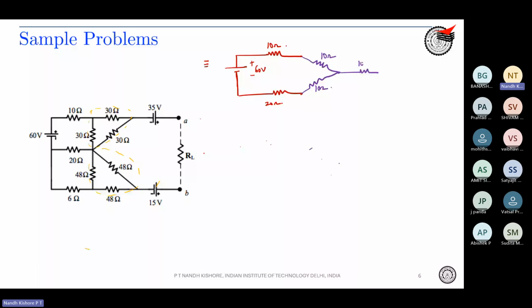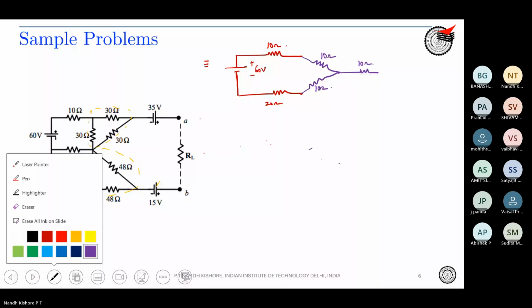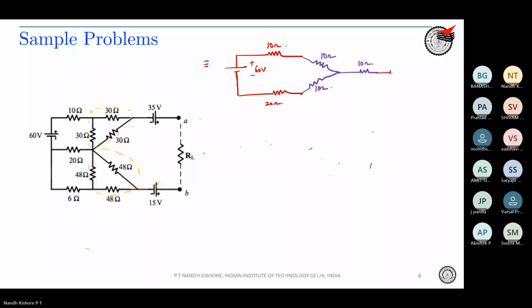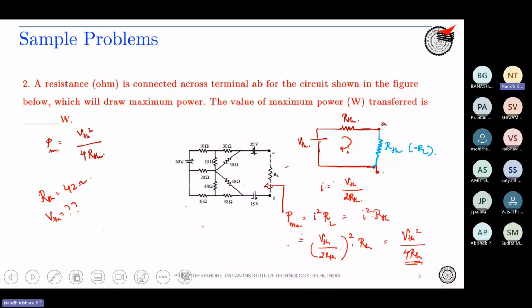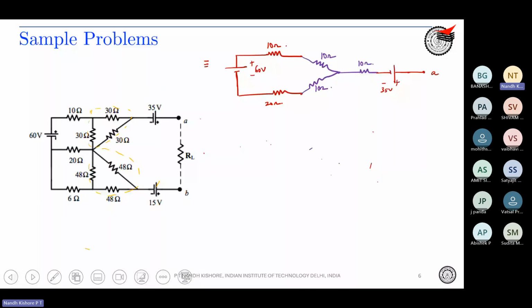This is also 10 ohm. And after that point, you are having a 35 volts. This is your A. Similarly, what you have over here is 6 ohms.